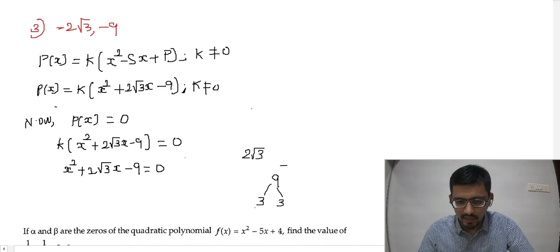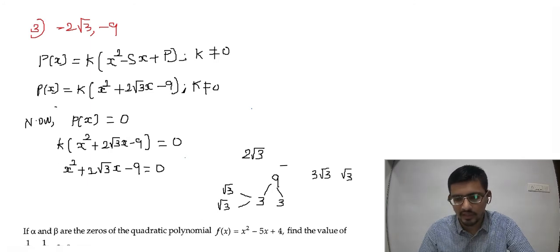So from these 3, I can write, furthermore, root 3 into root 3. And the other 3 leave it. That means 2 factors you can consider like this: 3 root 3 and root 3, that we have to think. And that will come by experience. The more questions you do, the easier the splitting will be for you.